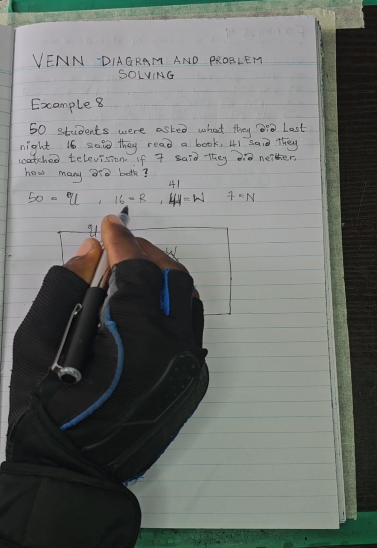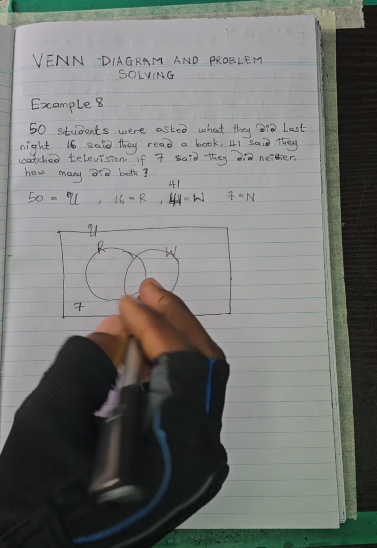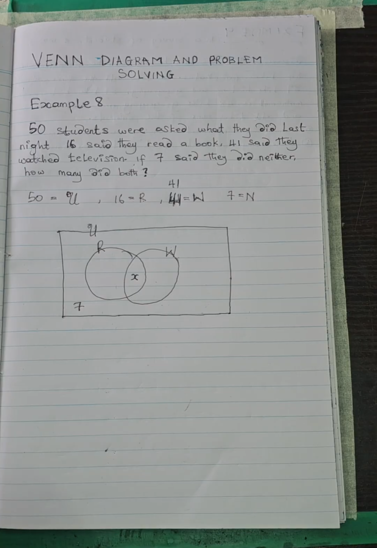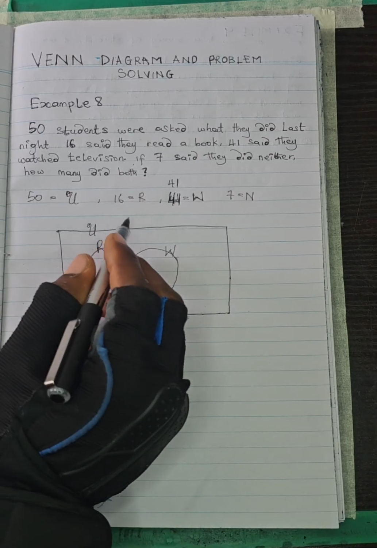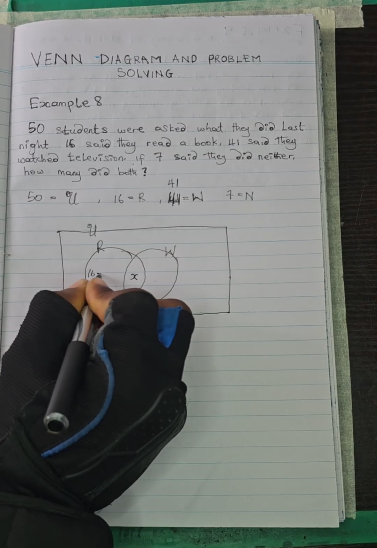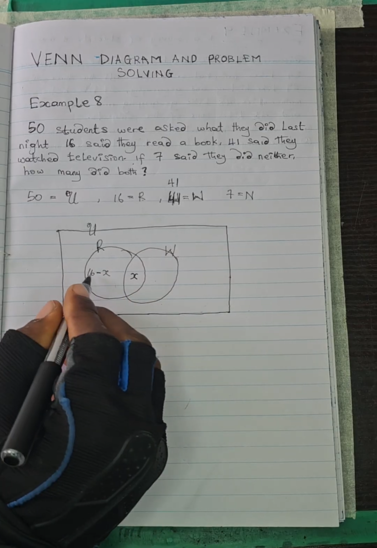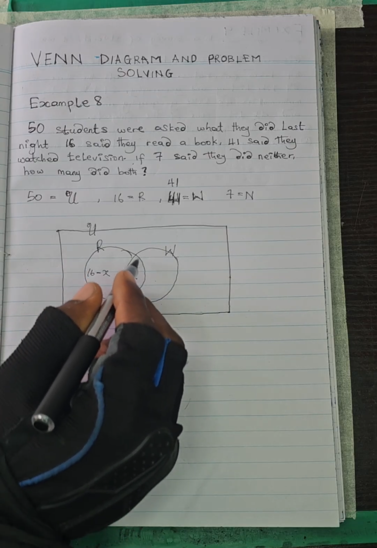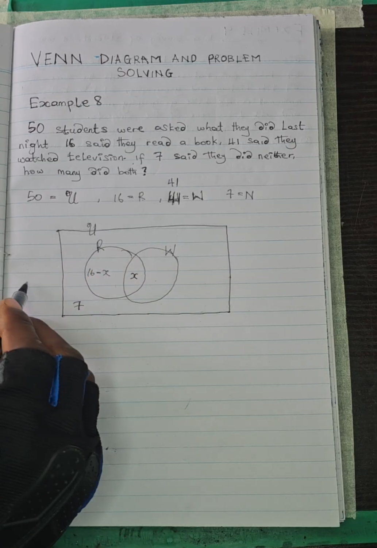Those people that read the book and also watch television, we represent them with X. We don't know who they are, right? So if you want to know those that only read a book, you have 16 minus X, because 16 minus X plus X will give you 16, making the total number of people in this reading circle 16.